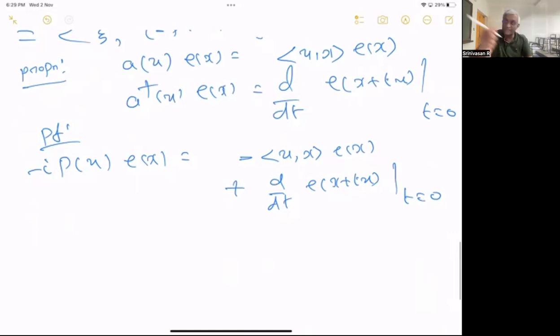But this is only on v tensor n. That is not everything in the finite particle vector space. By taking linear combinations you get the general finite particle vectors, which are the symmetrization of v1, v2, v3, up to vn.